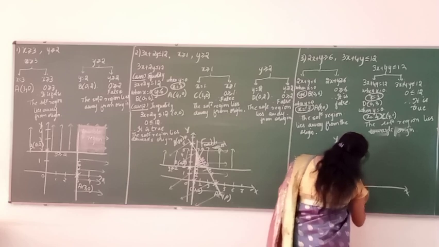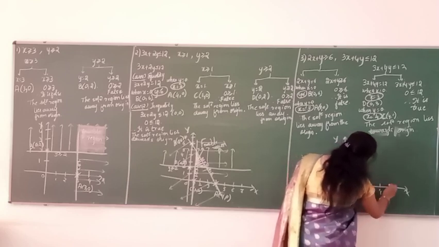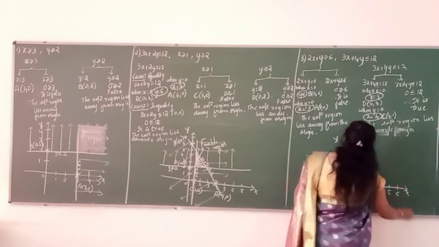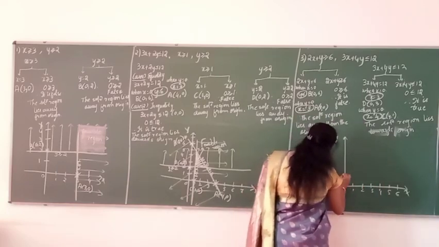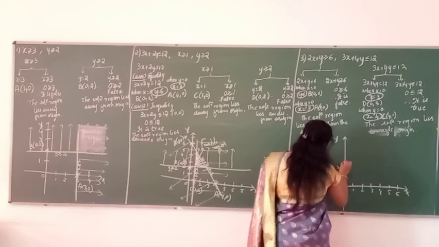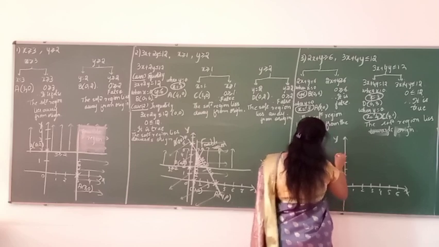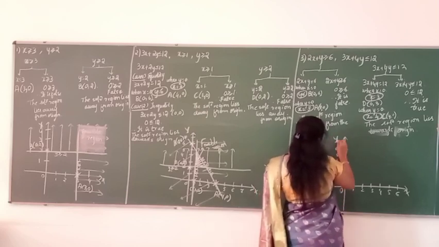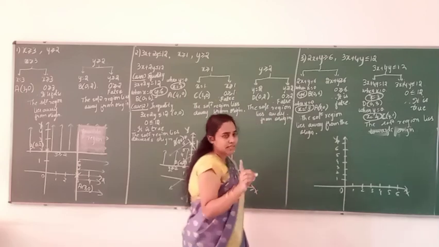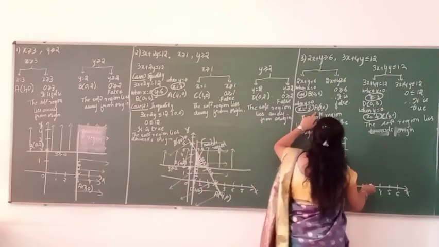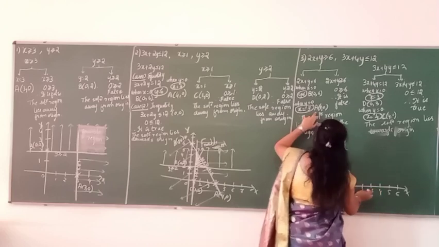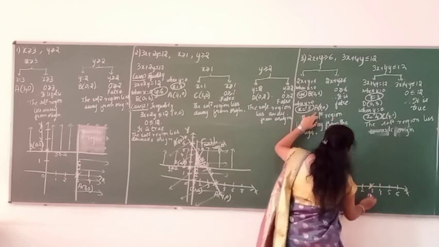1, 2, 3, 4, 5, 6. 1, 2, 3, 4, 5, 6, 7. The first inequality. So what is the first inequality coordinate point we have? A is nothing but 3 comma 0.